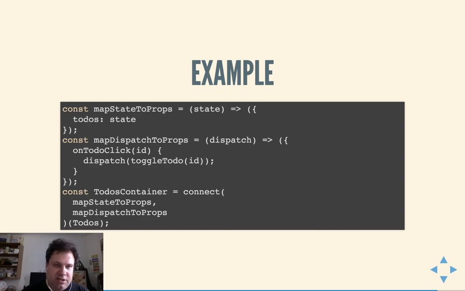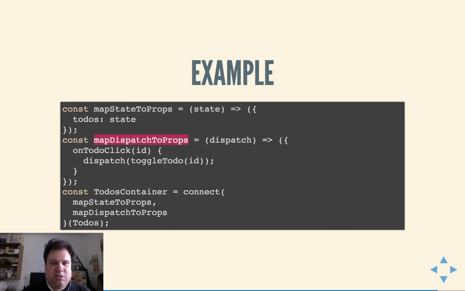So in this case, the Todos component is going to receive a prop called lowercase todos, whose value is actually the entire state of the application, which, if you remember, in our previous examples of a to-do application is just an array of to-do items.